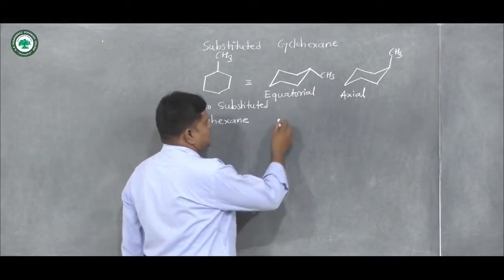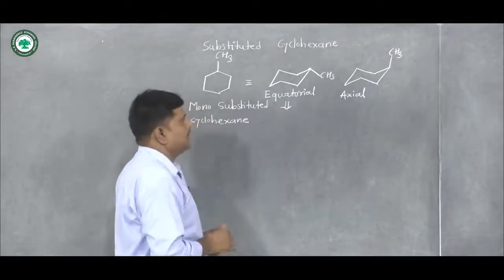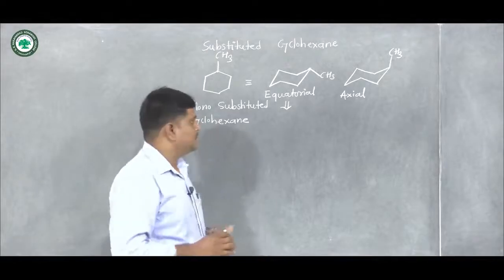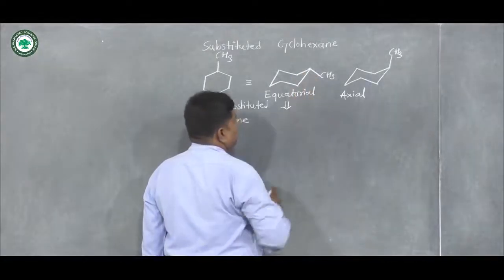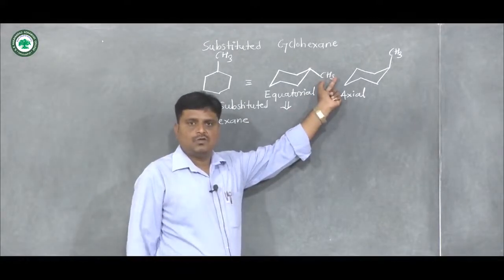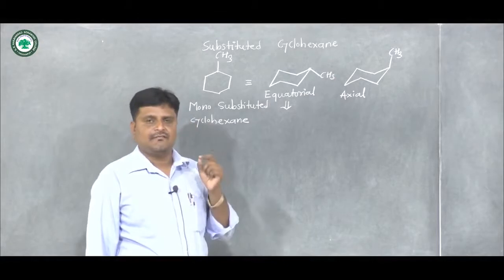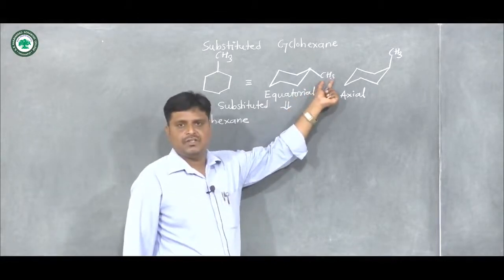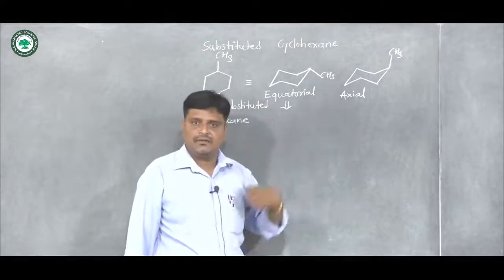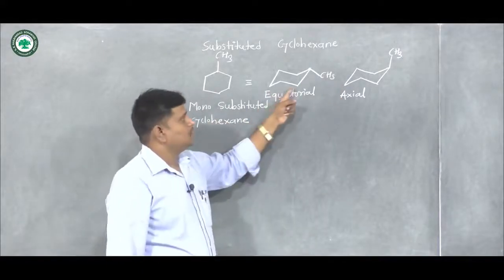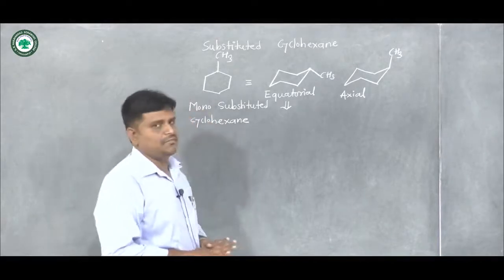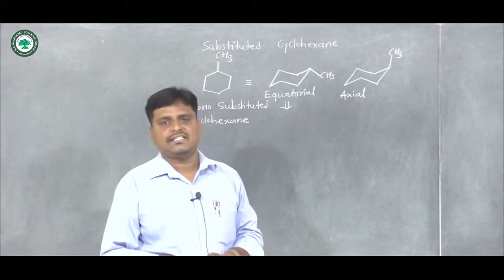In case of the equatorial substituent, there is no adjacent proton that can interfere in the stability, or no proton eclipsed with the methyl group, so the eclipsing angle is very small. Since the methyl is at the equatorial position, the protons are not very close to that substituent, so there is no interaction between the methyl and the hydrogens on the adjacent carbons.